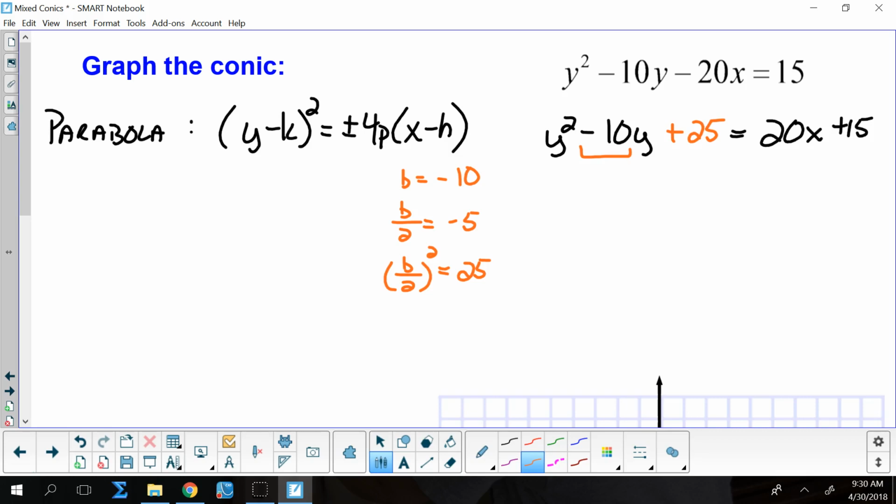I've unbalanced my equation, so I'm also going to have to add 25 to the right side of my equation. So now on the left side, this factors into y minus 5, quantity squared. And I get that minus 5 from right there. That's why we went through those steps, because it makes it easier on the tail end. The right side of my equation is 20x plus 40.